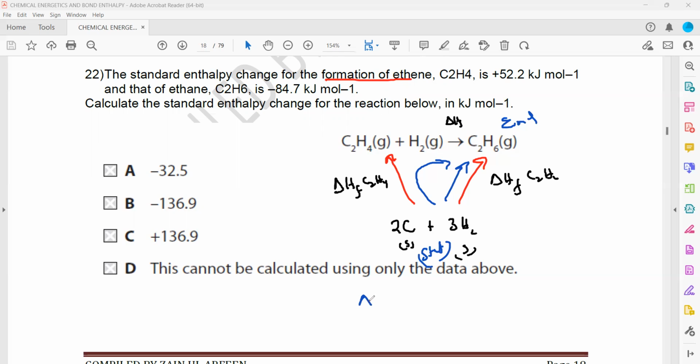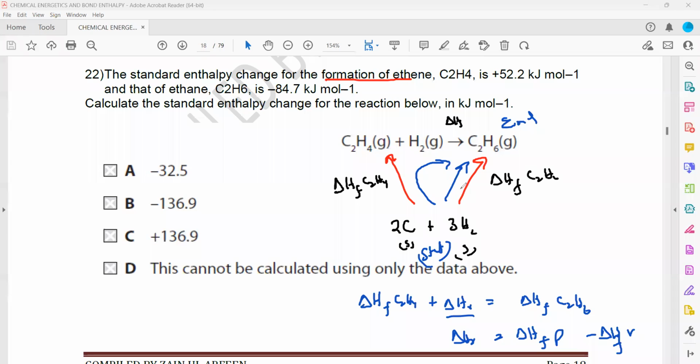So we can say the standard enthalpy change of formation of C2H4 plus the enthalpy change of this reaction equals the standard enthalpy change of formation of C2H6. Or the enthalpy change equals the total formation of the products minus the formation of the reactants. And as we discussed, if formations are given, it is always the enthalpy change of the product minus the reactant.